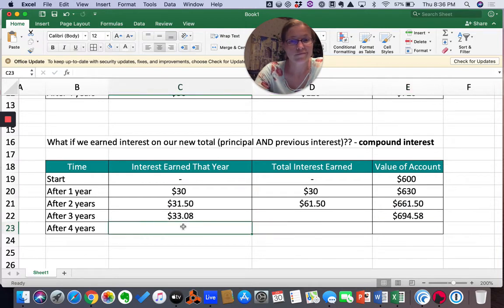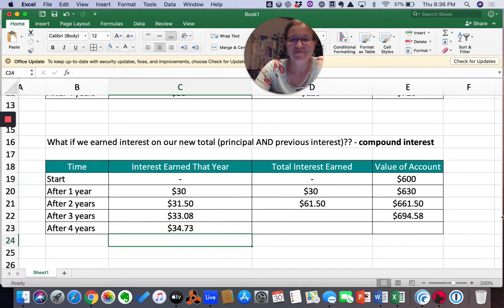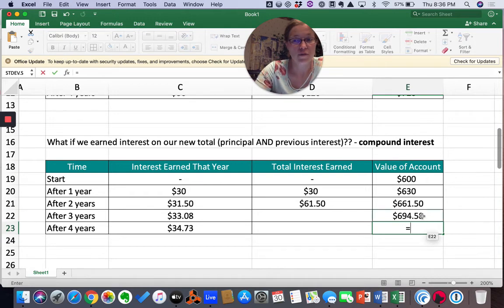One more time. The interest that I'm making year 4 equals my previous total times 5%. Whoops, that would be 0.05. There we go, 5%. So my account is now worth the previous amount plus the interest.